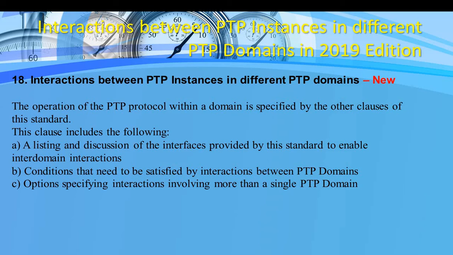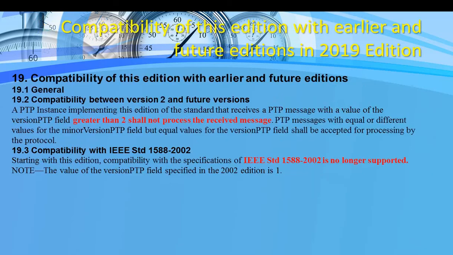For the 2019 version, chapter 18, interaction between PTP instances in different PTP domains, that whole chapter is new. Chapter 19, compatibility of additions with earlier and future editions.